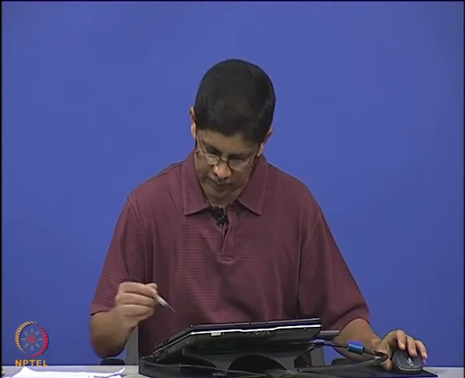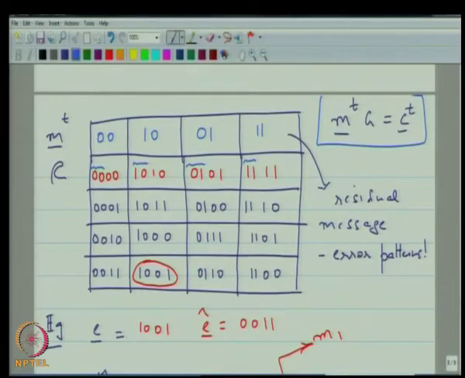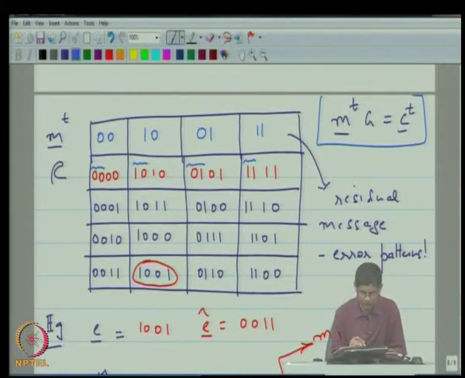Now, one thought that might be crossing your mind is, okay, that is fine because this is a systematic code. What if it is not systematic? Can I still do this? And if you think about it, yes, you can. The only advantage of a systematic code really is that when you set up a table like this, where you have the standard array and then you list the corresponding message symbols, the message symbols are apparent from the code word. You can just simply pick them out as being the first two symbols.